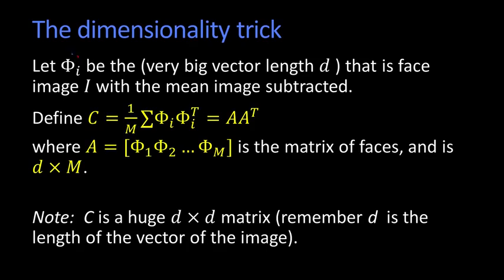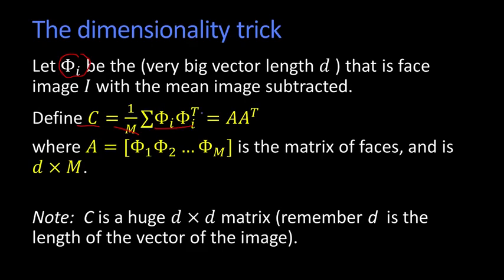Let's suppose that this capital Phi_i is a face image. So it's really long, right? D long. And by the way, let's assume we've subtracted the mean, so we've actually removed the mean from all the pictures that we have, and so we've got the mean at the origin. Fine. Now let's define a new matrix called C, which is just the average of the sum of Phi Phi transpose.